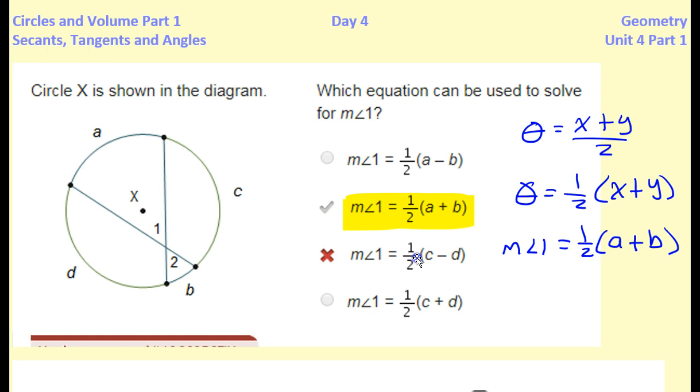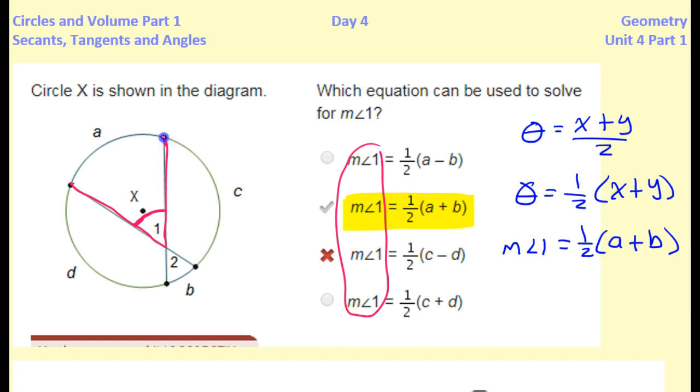If you chose this option down here, so I see the C and the D, just understand this: when we're dealing with angles and intercepted arcs, you see that we're dealing with the measure of angle 1. So we're stuck with that. See how the angle 1 is inside here. So this is angle 1 going like this.